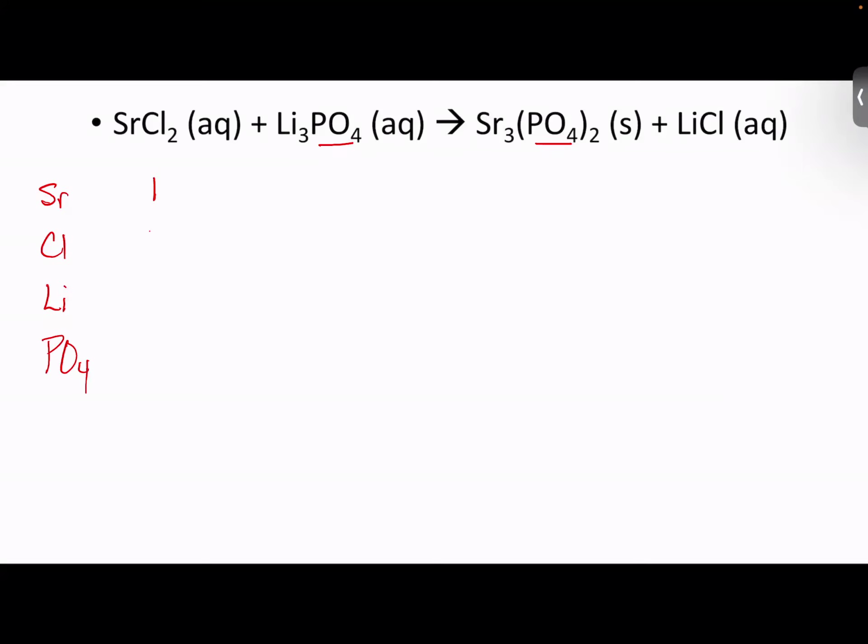I have 2 chlorines. I have 3 lithiums, and I have 1 phosphate. On the product side, I have 3 strontiums. I have 2 phosphates. I have 1 lithium and 1 chloride. This is not balanced.